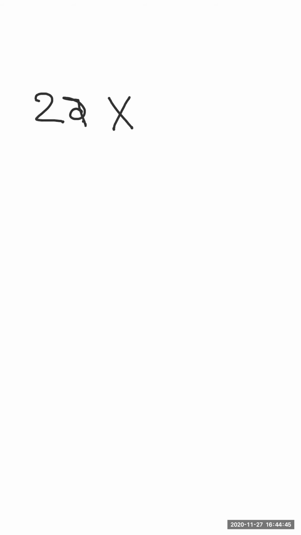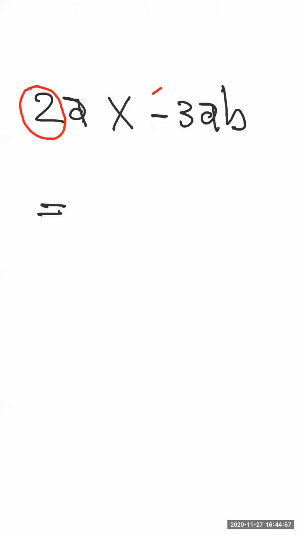So 2a times negative 3ab, how to solve this one? It's very easy. First, I'm going to multiply the coefficients 2 and negative 3. Don't forget the sign. So 2 times negative 3 will be negative 6.